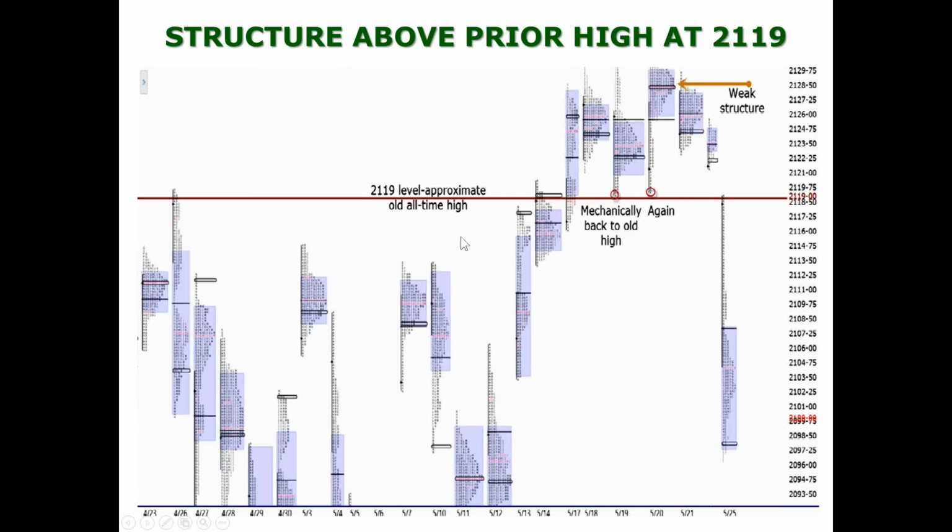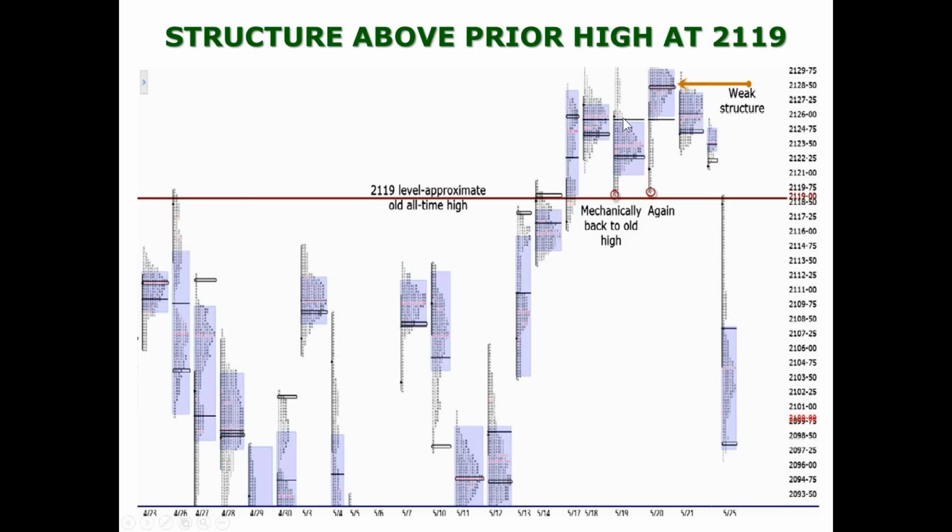We've said it so many times, once you go through a level, that level becomes support. The market came down, and we went up. We made a new high. Now remember, the all-time high was made in the electronic market. It was not made during the pit session hours. You're going to see that again. That's also information we carry forward.